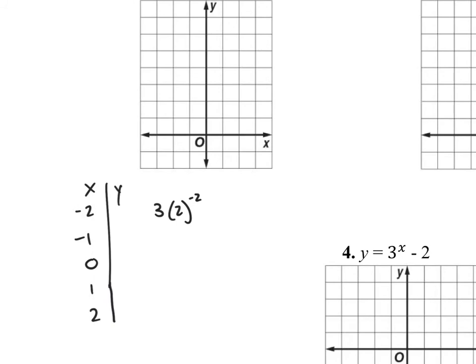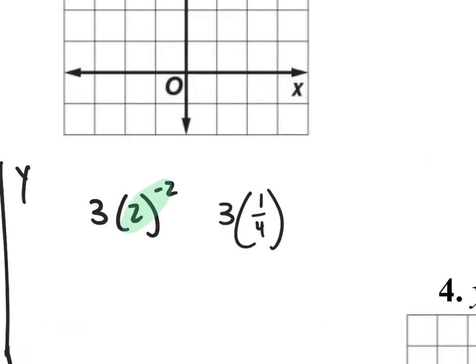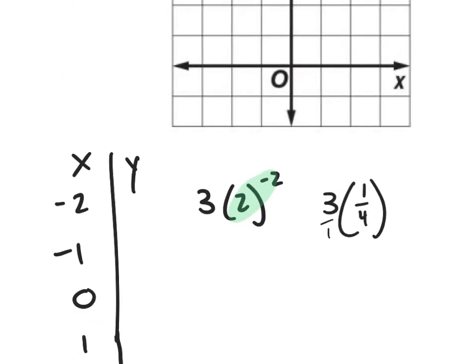Right here, I must first do 2 to the negative 2 power, which is really telling me to do 2 squared, but to put it in the denominator. 2 to the negative 2 power is 1/4. And then when I multiply straight across, we'll get 3/4, which is 0.75.